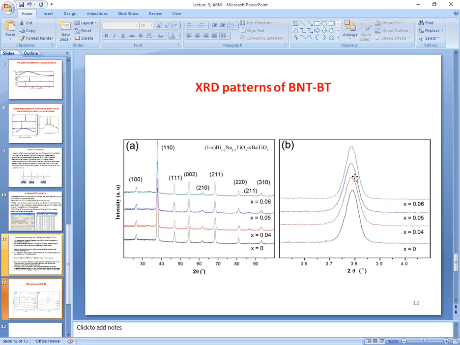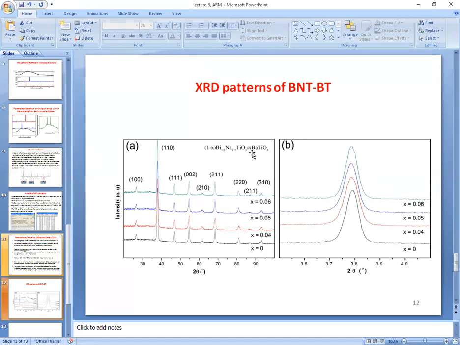So you can see how it changes when we have increased the values of barium titanate in this material. In fact, we have increased the barium ion on the A side. You can see that it shifts towards the lower 2 theta values following the Bragg diffraction law. It is because the barium ion is larger in size relative to the bismuth and sodium ions at the A side, which causes a shift in the XRD patterns toward the lower 2 theta values.